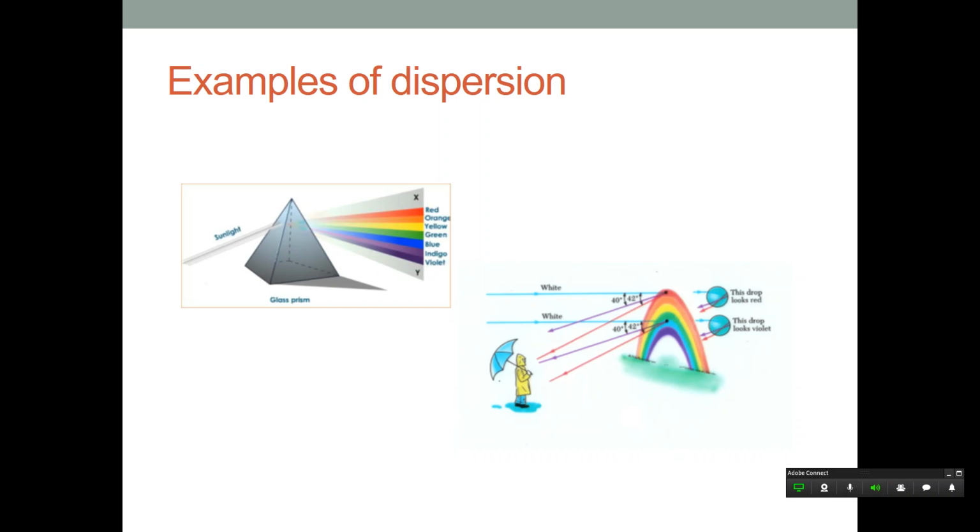But if certain conditions are met, I'm not a meteorologist by any means, but let's say this is a water droplet. Instead of the light going in like this and coming out, so here's your violet and here's your red, what's going to happen is you're going to have total internal reflection. And so this is your violet here, and this is your red here, and then they're going to cross over.